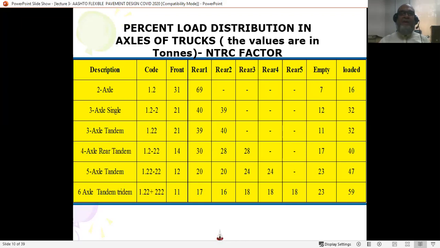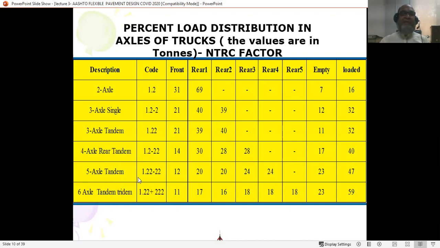So on the rear there is 79% of the load. Then there is a 4-axle rear tandem: front 14%, middle or drive 30%, and the rest 56%. Maximum load is 40 tons.